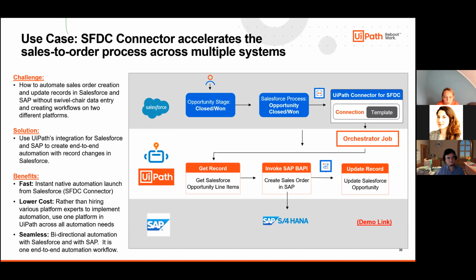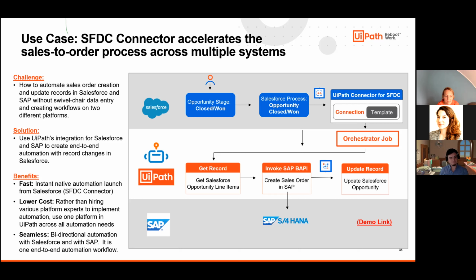This robot invokes the SAP BAPI and gets all the information from the Salesforce opportunity line items and enters this data into the sales order in SAP. Finally, the sales opportunity information is updated.